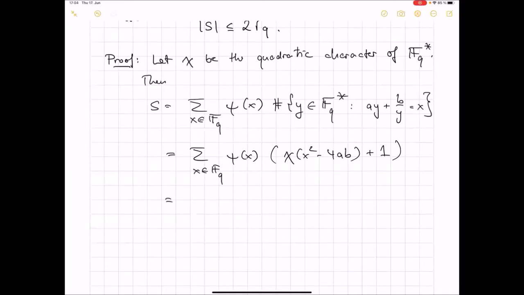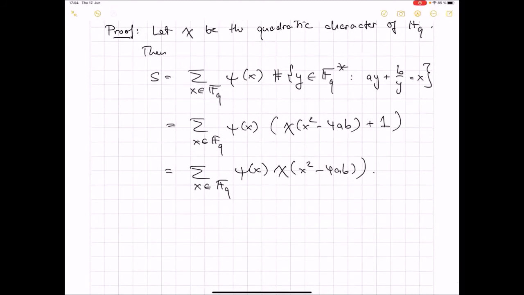All right, but the +1, of course, is irrelevant. The +1 can just go away, because if I sum this against psi of x, because psi is non-trivial, the 1 goes away. So this is just the sum over F_q of psi of x times chi of x squared minus 4ab. Okay, so far so good. Now I'm in the situation of a mixed character sum. So it's a trade-off.